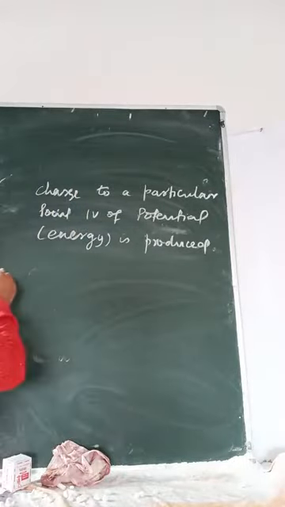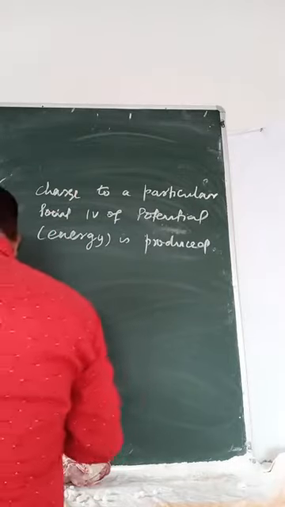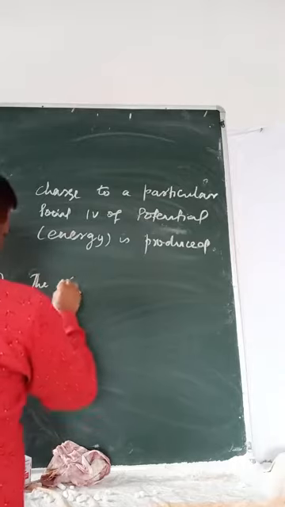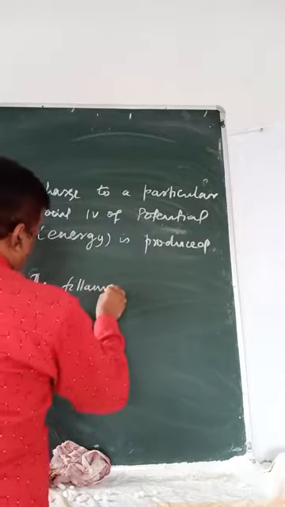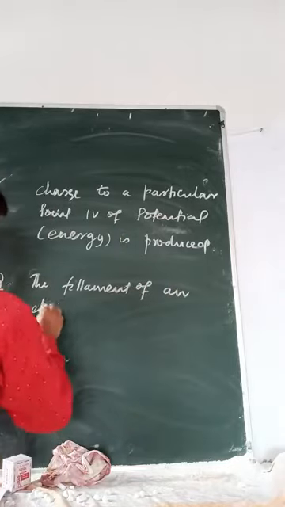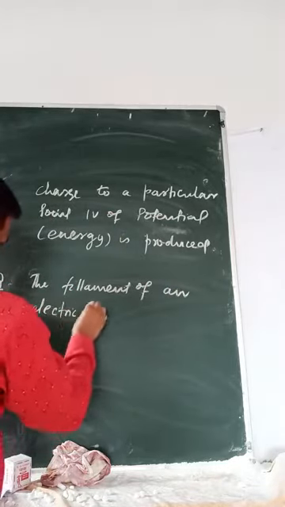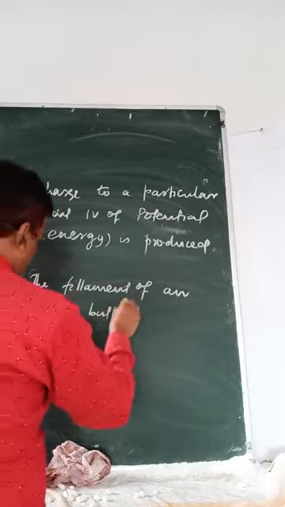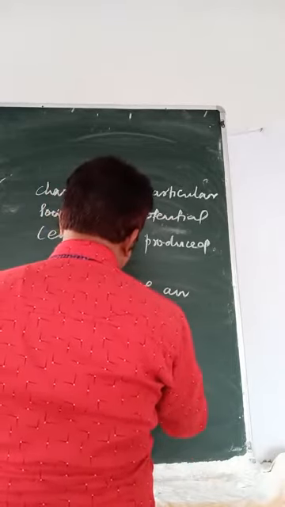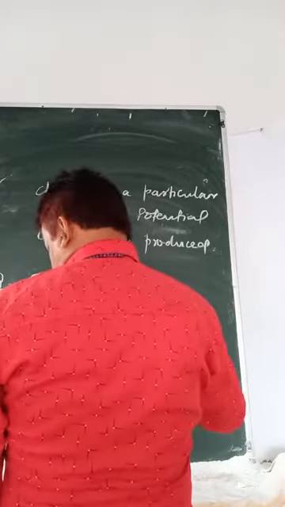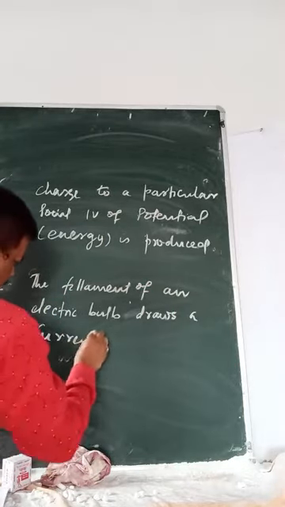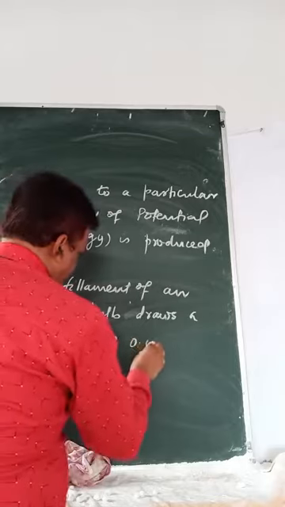Suppose our first question is: the filament of an electric bulb draws a current of 0.5 ampere.